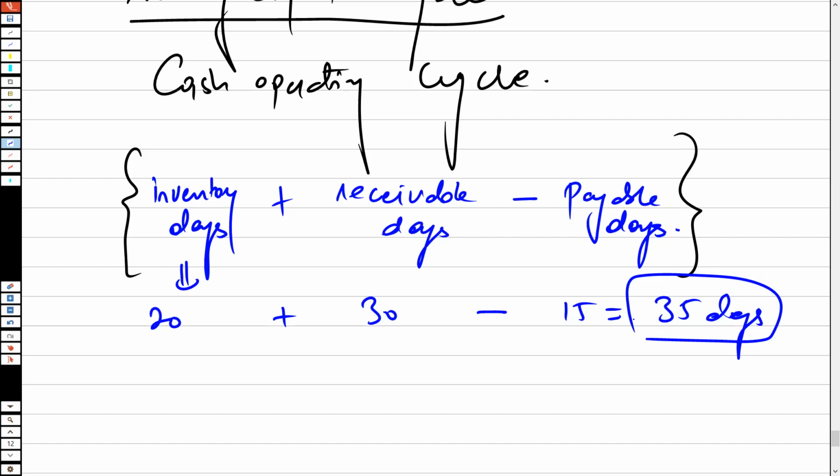You're gonna get cash operating cycle of 35 days. What does this cash operating cycle tell you? This cash operating cycle tells you that it takes 35 days for you to recover the money that you have invested in working capital.